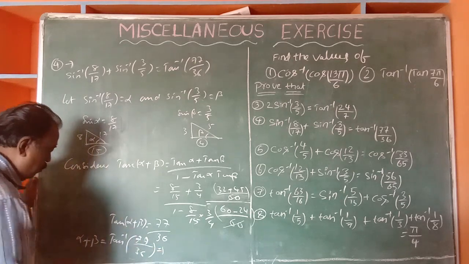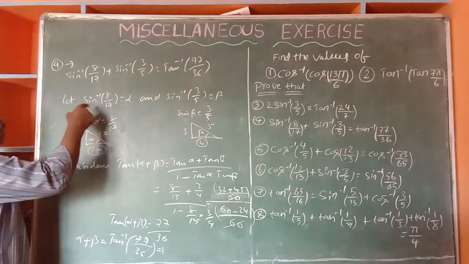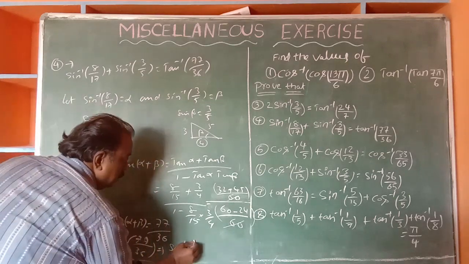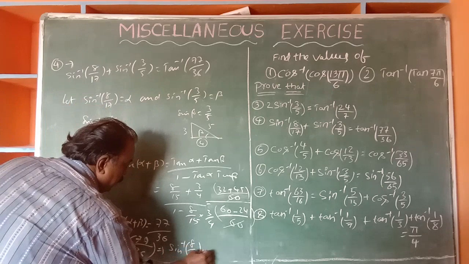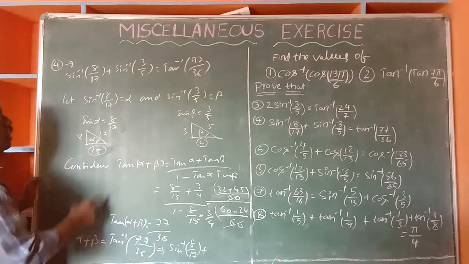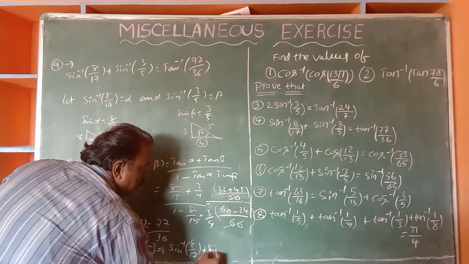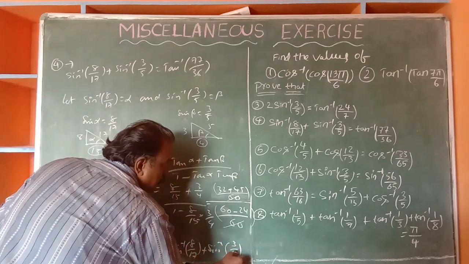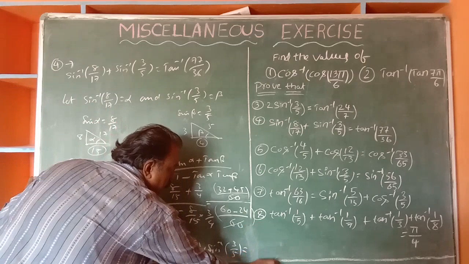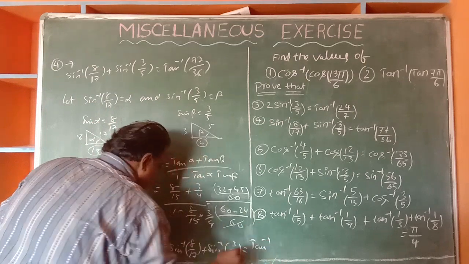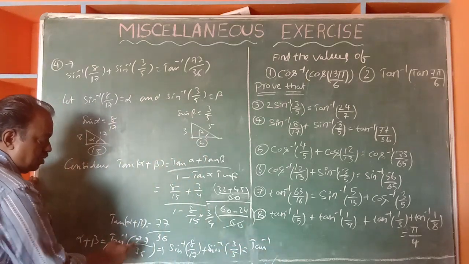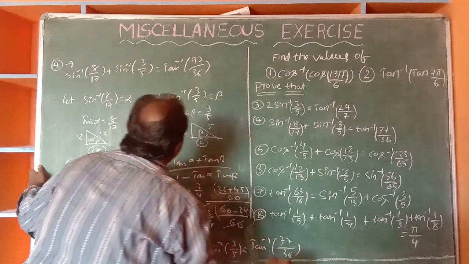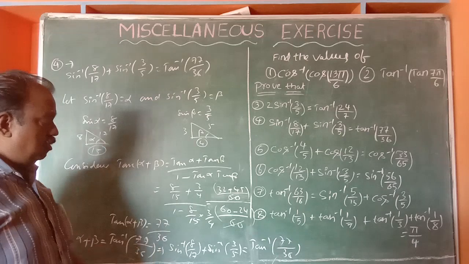What is alpha? Alpha is sine inverse 8 by 17 plus beta. Beta is sine inverse how much? 3 by 5. Then it is equal to tan inverse 77 by 36. Okay now, that is the problem.